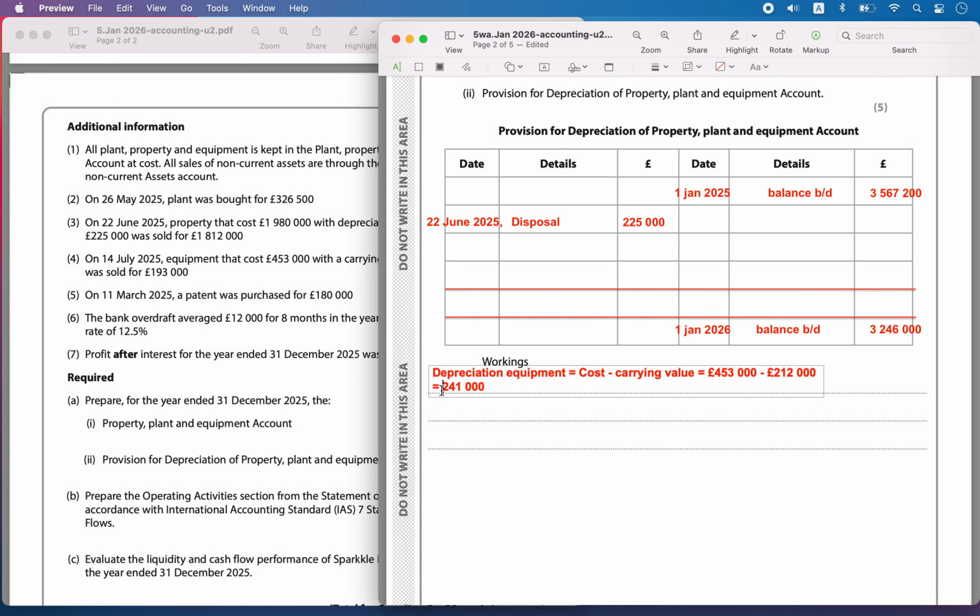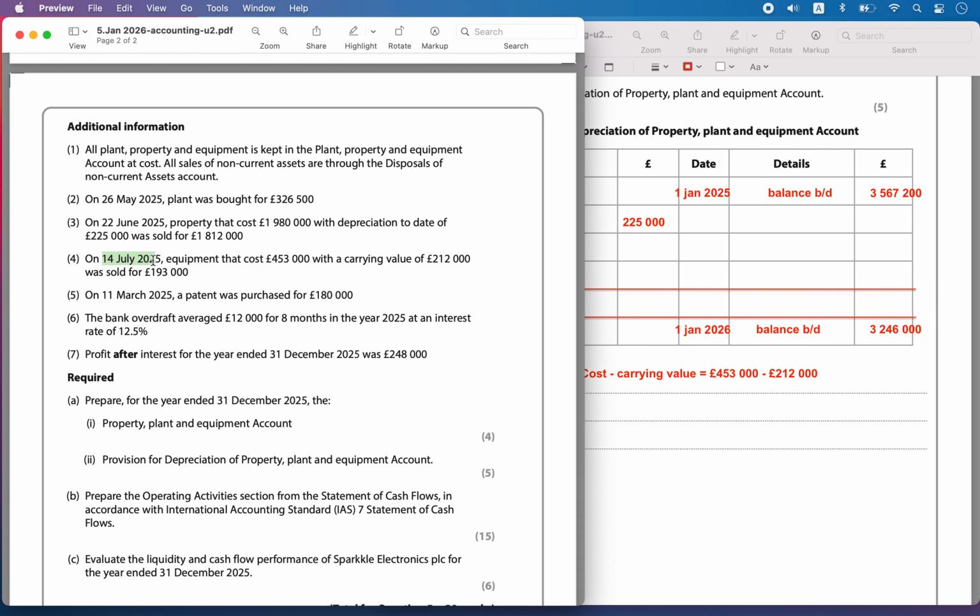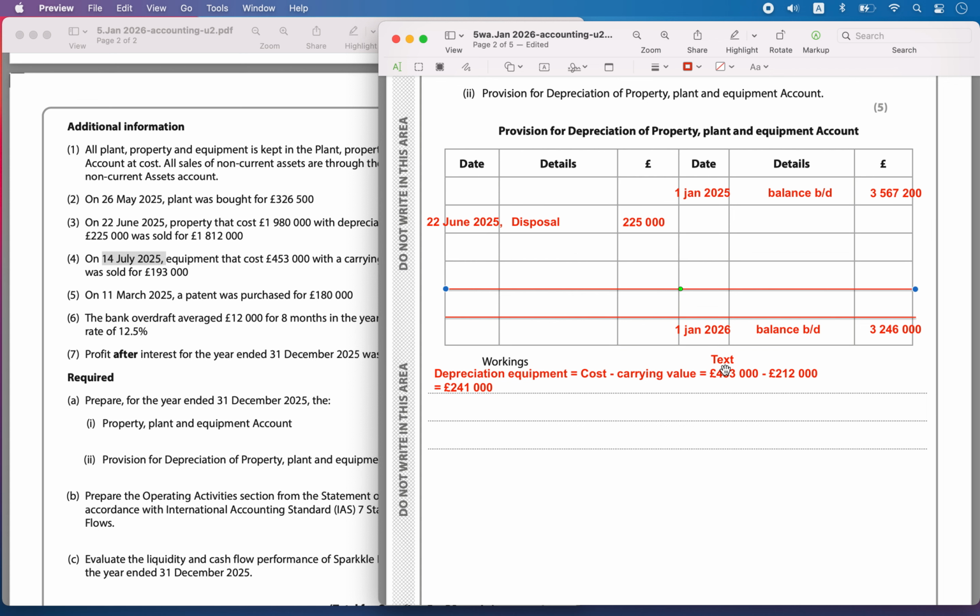So the depreciation cost is this much for this disposal of the equipment. This we have to include for the 14th July 2025. Again in the disposal account we will include 241,000.